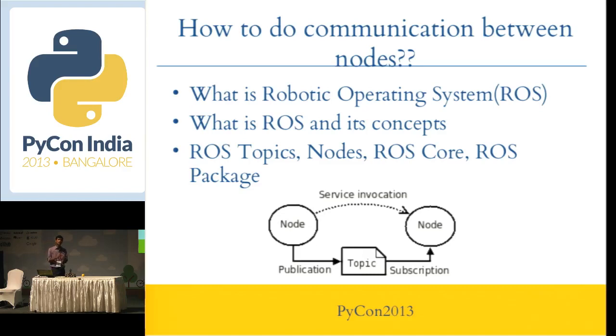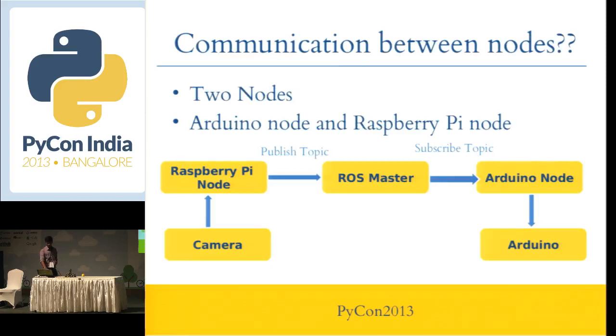We can publish some data to a name called a ROS topic, and one can subscribe to the same name, same topic. See, this is the diagram. One node can publish a topic, and one node can subscribe to the topic. So we can exchange the data. The intermediate code is the ROS core. So this is how the communication happens.